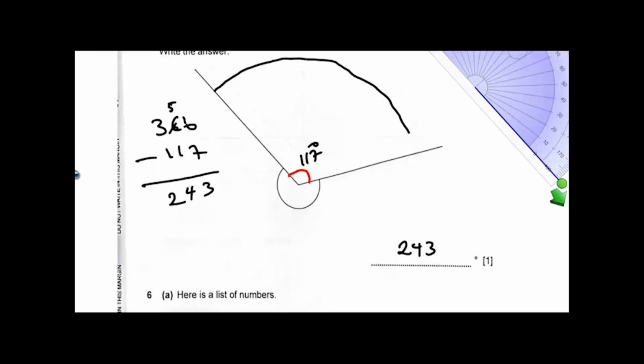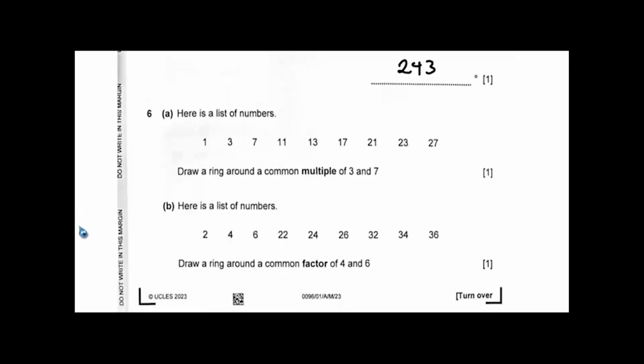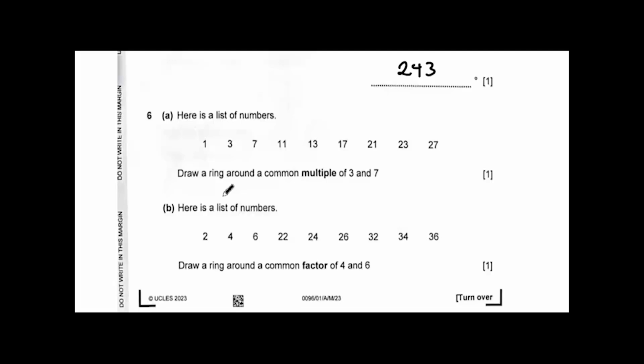That will be this. Here is a list of numbers. Draw a ring around a common multiple of 3 and 7. The simplest method is to list the multiples of 3 and 7 respectively. You can easily get the multiples of 3 by multiplying it by the integers. The first multiple will be 3 times 1, 3; 3 times 2, 6; 3 times 3, 9; 3 times 4, 12; 3 times 5, 15; 3 times 6, 18; 3 times 7, 21.